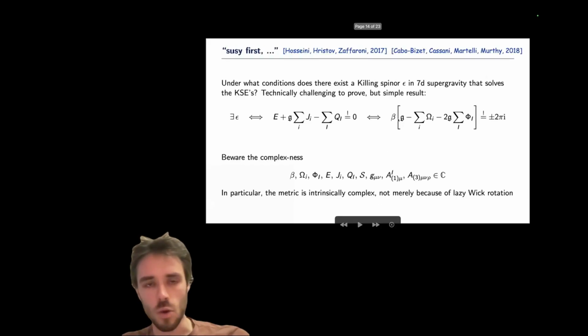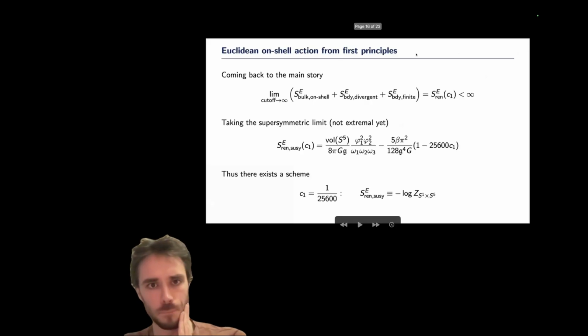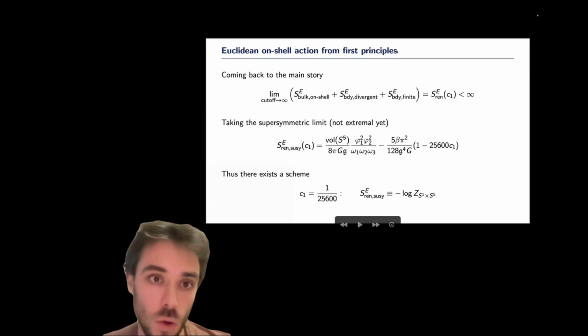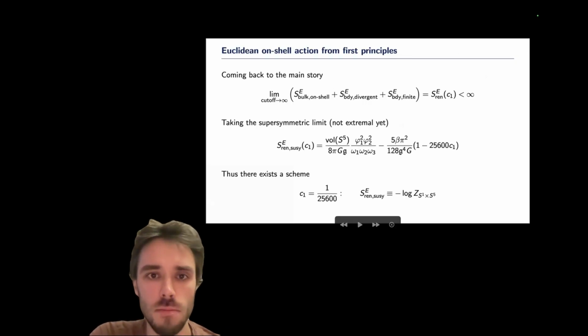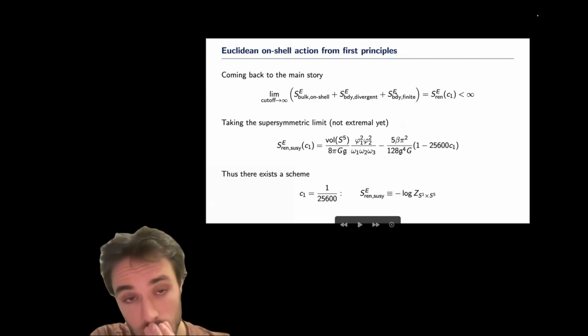But yeah, so the main story of these papers is repeated in 7D, and it's, I think, a general story. Okay, now, with all of this, we are ready to come back to our original goal and calculate. So remember these three expressions: bulk counterterms, divergent counterterms, and finite counterterms.